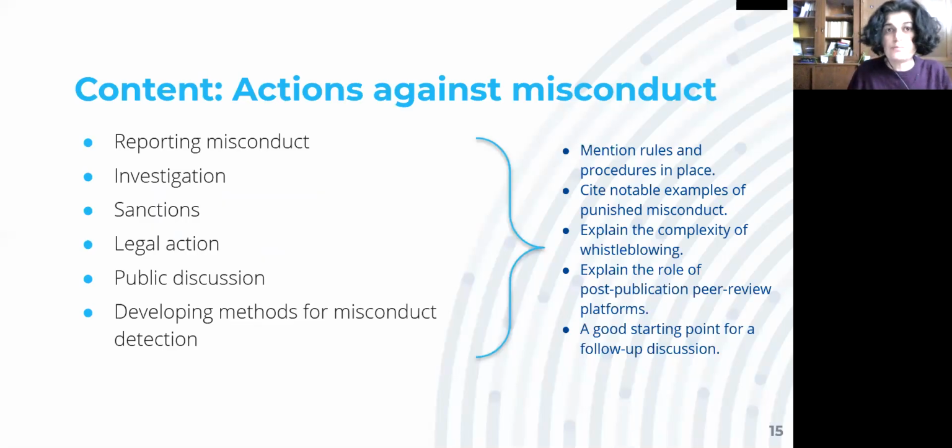Also, I briefly refer to actions against misconduct. There are some procedures that are mentioned in codes of conduct at the university level. If they exist, I mention them. Also, I tend to cite notable examples of penalized misconduct, when the procedure is over, when it's established that someone has committed misconduct and that misconduct is punished.